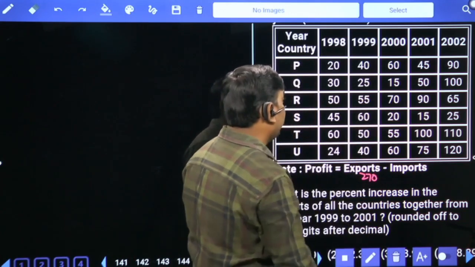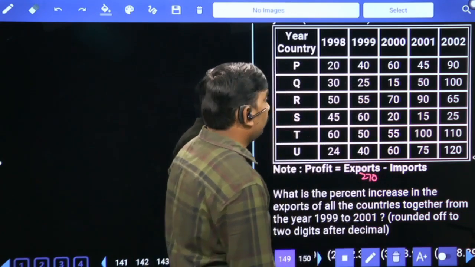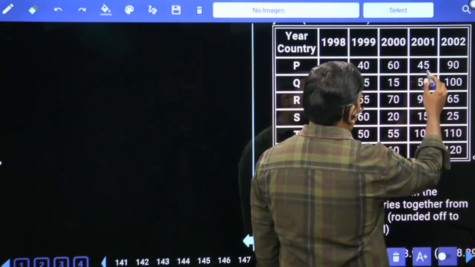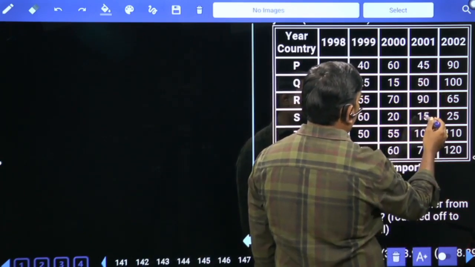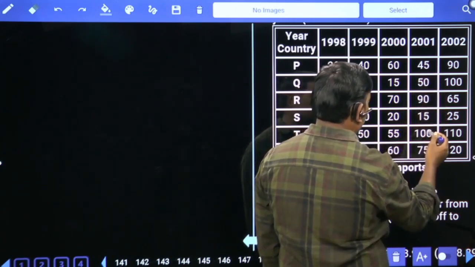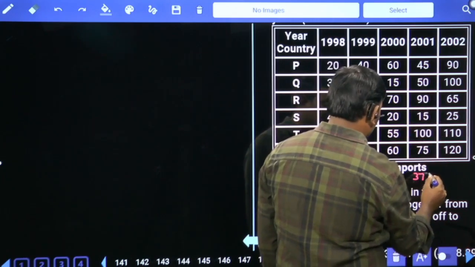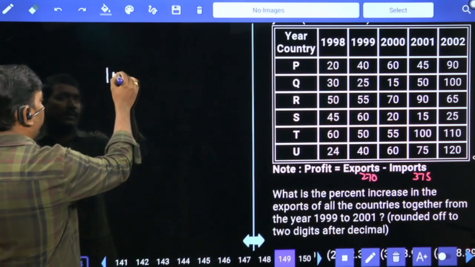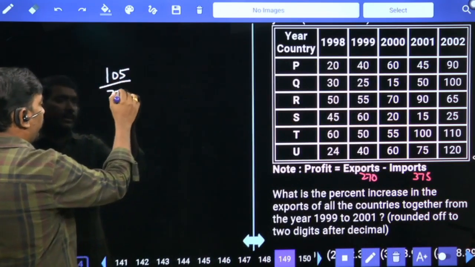That is in 1999. Next, 2001: 45, 15, 60, 60, 90, 150, 50, 200, 300, 375. Percentage increase means difference by the lesser value, difference 105, lesser value 270, into 100.